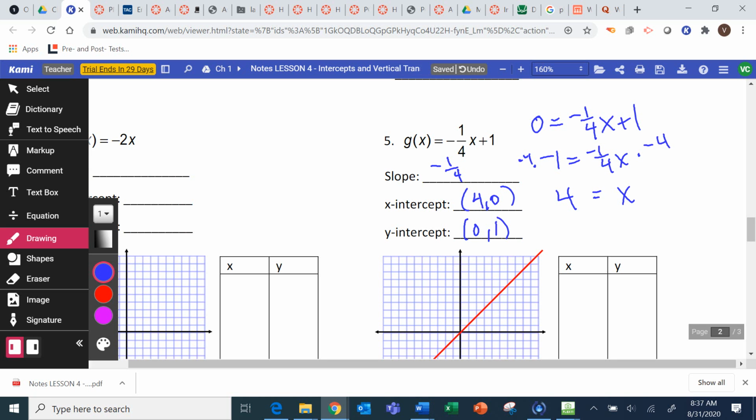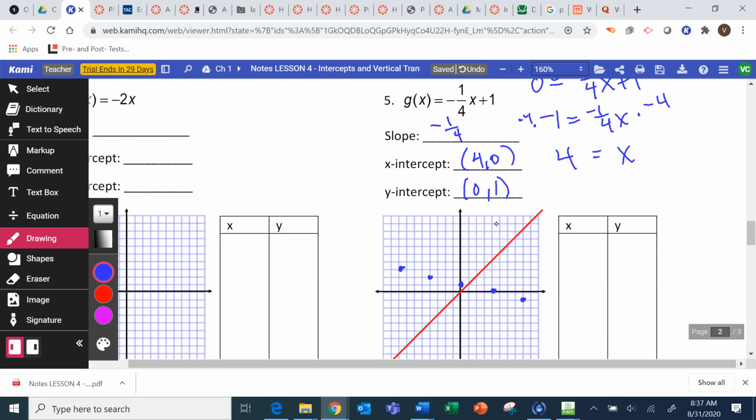So we've got the y-intercept is 0, 1. Our slope is down 1 over 4. Our x-intercept is 4, 0.